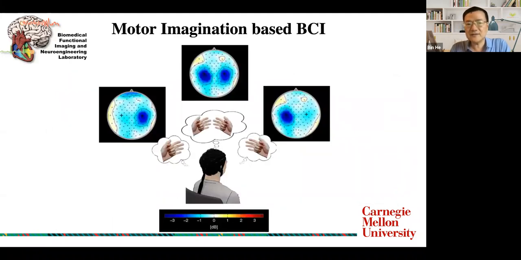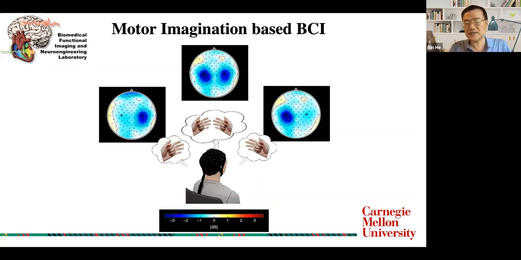Now, what are these sensorimotor rhythm signals? This slide illustrates a very simple example. If you imagine moving the left hand, right hand, or both hands, you can see these topographies over the scalp illustrate a very clear distinctive feature, what we call event-related desynchronization or event-related synchronization, associated with the motor imagination.